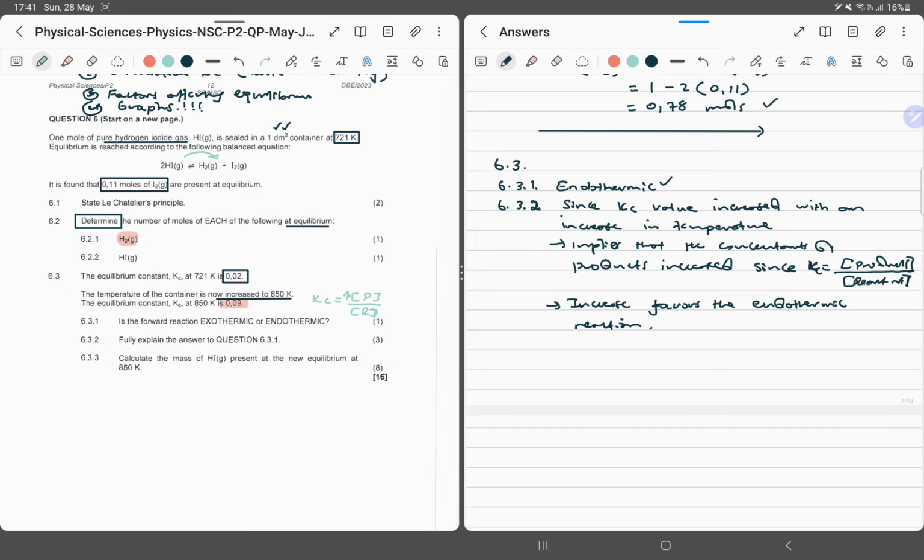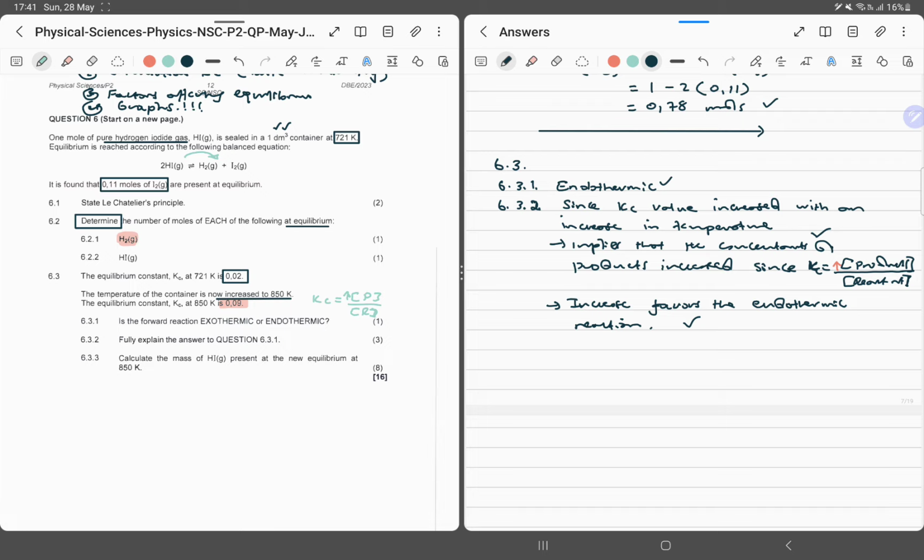But all we needed to do was to first establish the part that says the concentrations of the products increased. And what explains that is that. So if we increase the numerator, that ratio increases. Okay? So you can even put an arrow there to show that this is what happened. You're throwing everything. And this one is obviously the case. An increase in temperature always favors the endothermic reaction.